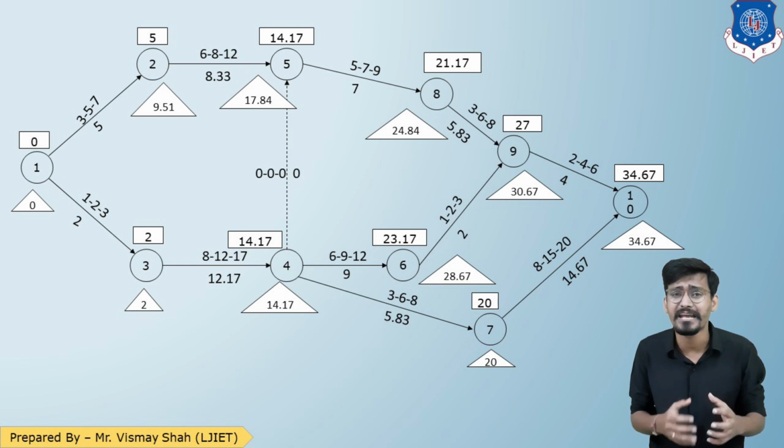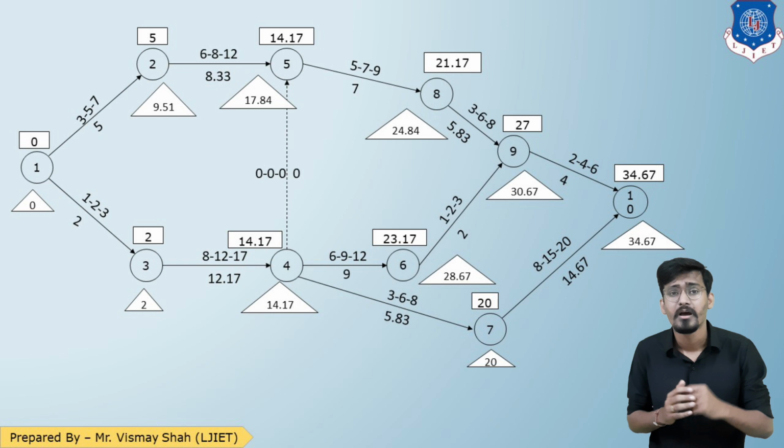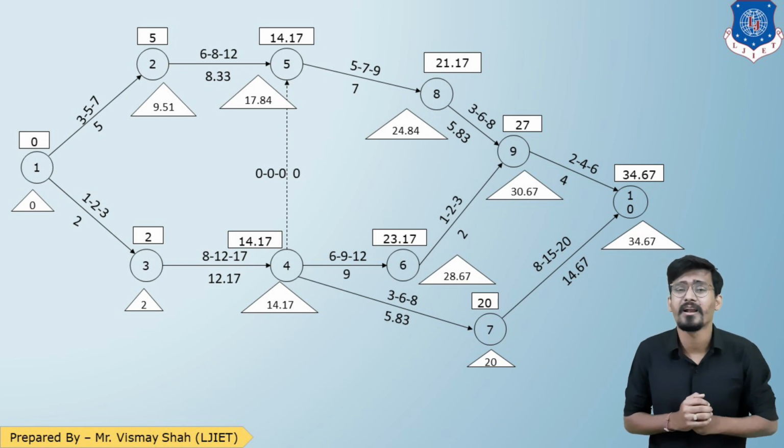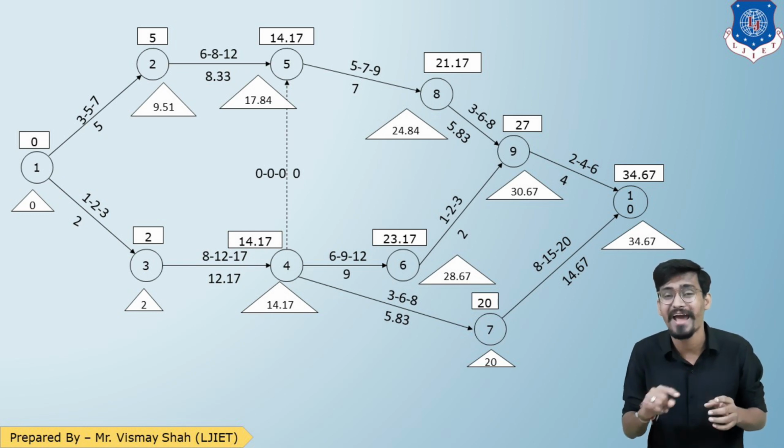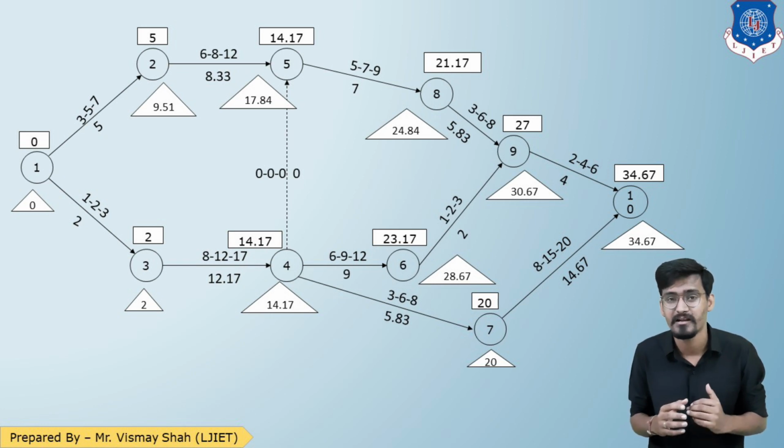TL and TE in our network are the square and triangle values. What you write in the triangle and square are the TE and TL values. Square is TE, the earliest event time, and the triangle values are TL. So the slack tells us that the path whose slack is 0 will be critical.